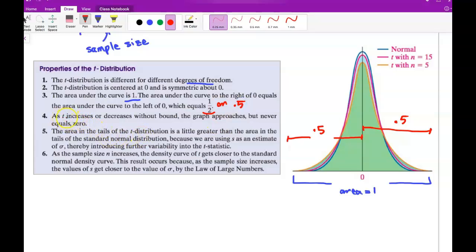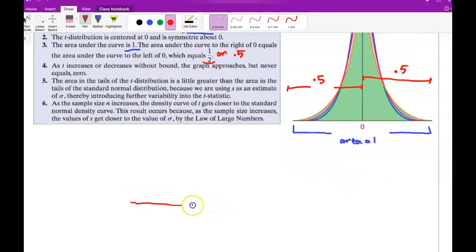Then number 4, as t increases or decreases without bound, the graph approaches but never equals 0. See, here these are close to this line, but it's like this. So remember how I was drawing the normal distribution, it's exactly the same thing here.